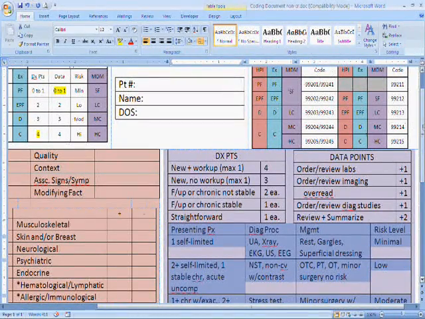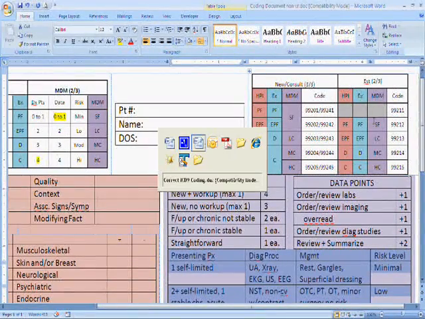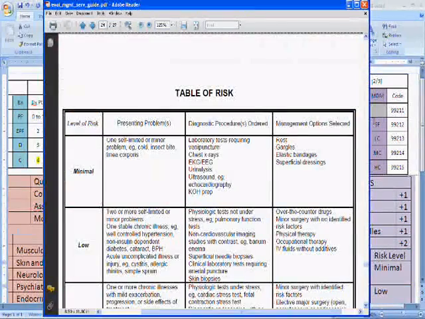It's actually in three places. I'm choosing to use the Evaluation Management Service Guide off of Medicare's website. I had posted this link, I think, last week. If you guys need me to post it again, that's fine. Just let me know so that I can get it to you.